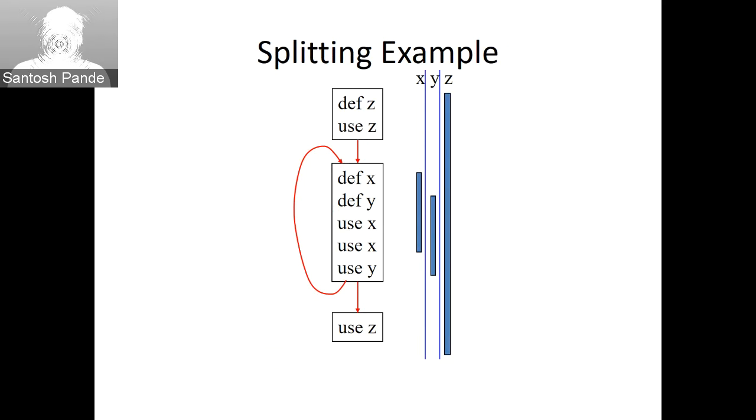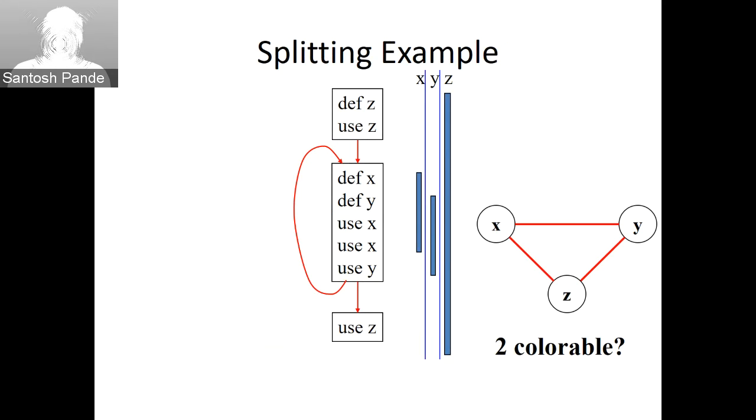So what we can do is we can split the live range of Z out on the loop. And here was the original interference graph, the clique of size 3, and we can't color it with only 2 registers. But if we do the splitting of the Z at the boundaries, we will be able to do the coloring with some little extra load stores as the boundary load stores.